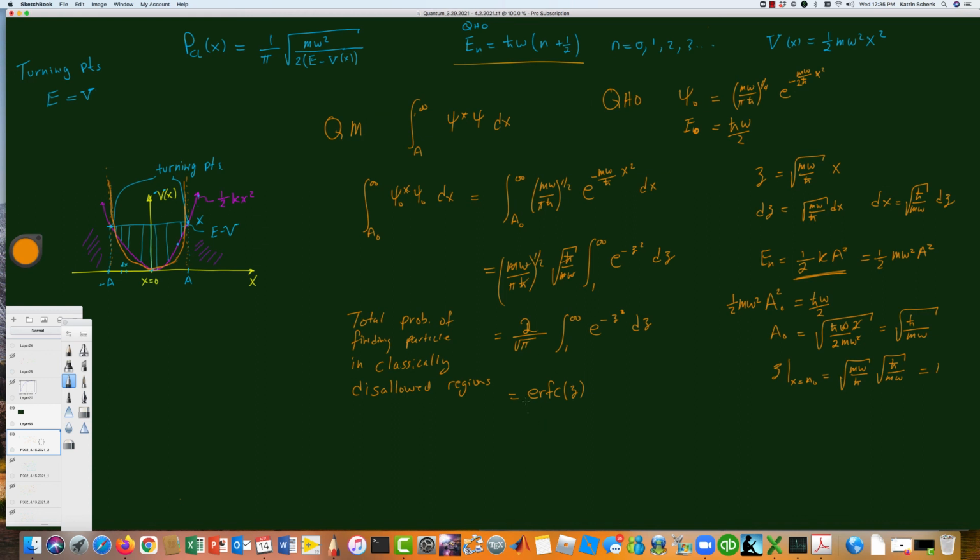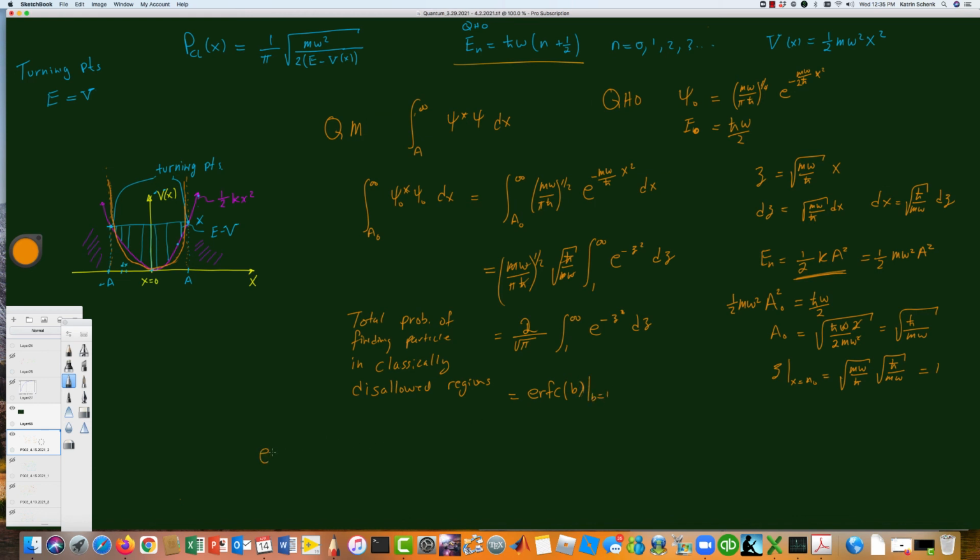If you look up ERFC, you'll find an integral that looks exactly like this, except for here. Oh, I'm sorry, that is absolutely not correct. It's not of C, it's of B. And it's actually this integral when b equals 1.